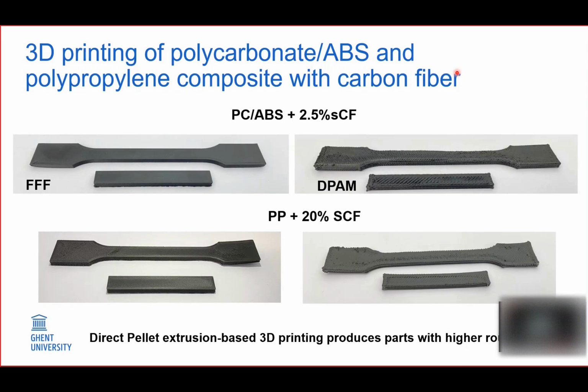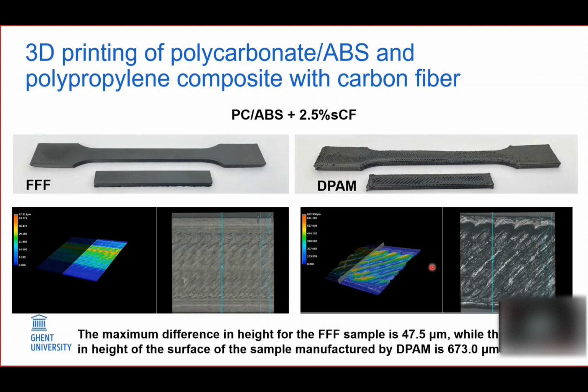Here you can see visually that for the FFF printed materials, the surface is smoother. So the printing settings are more optimal there. Here we can see some small inaccuracies in the printing. We can quantify that by optical microscopy and estimate the surface roughness.